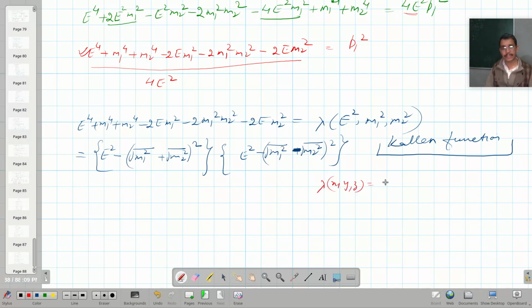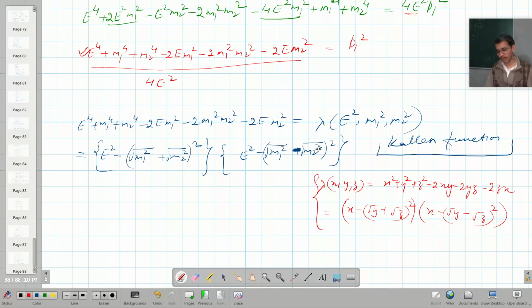It can be written as x² plus y² plus z² minus 2xy minus 2yz minus 2zx, and this can also be written like this: x minus under root y plus under root z whole square, and x minus under root y minus under root z its square, right? So this is a Callan function.